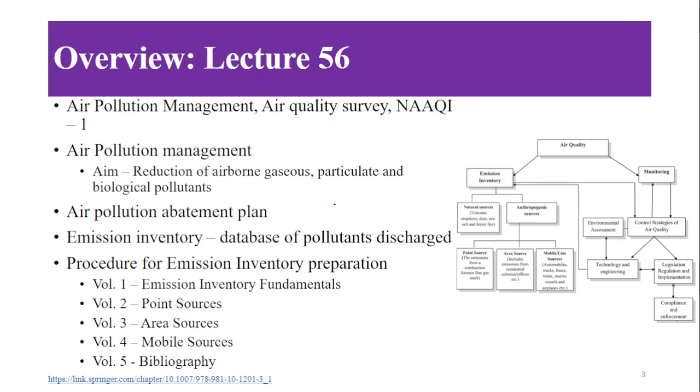The air pollution abatement plan has a number of elements, which can be details of the particular area in which the air quality needs to be controlled. It can deal with the monitoring of the air pollutants in that locality. It can also consist of the simulation of the concentration which can prevail in the area, and the emission inventory.